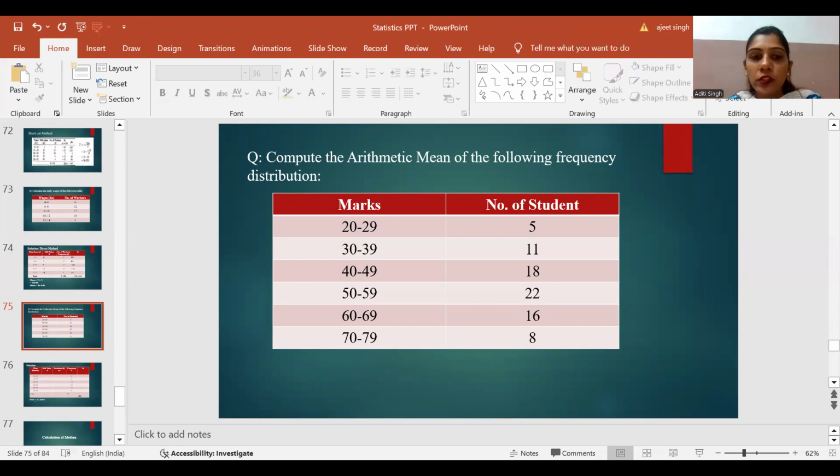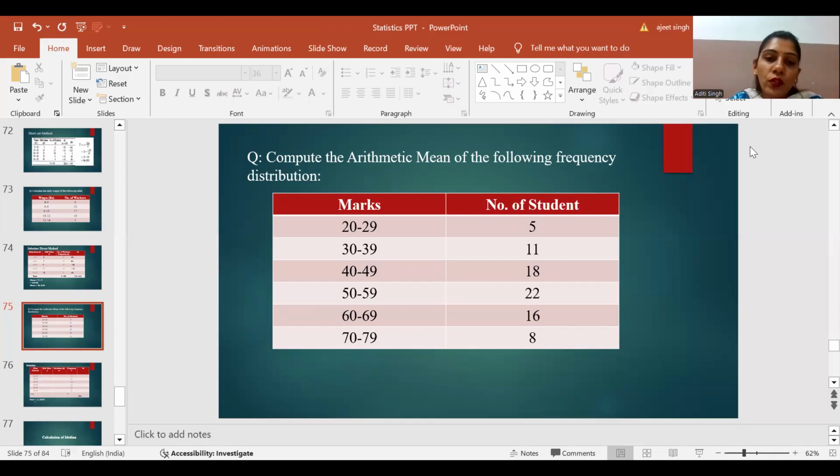In the next question, we have to compute the arithmetic mean of the following frequency distribution. In this question, the marks of students and the number of students are given. This question is also of continuous series. Basically, the class intervals given are not equal.